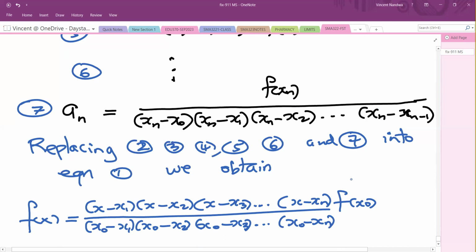So that is how the first term will look like after replacing the actual value of a naught.